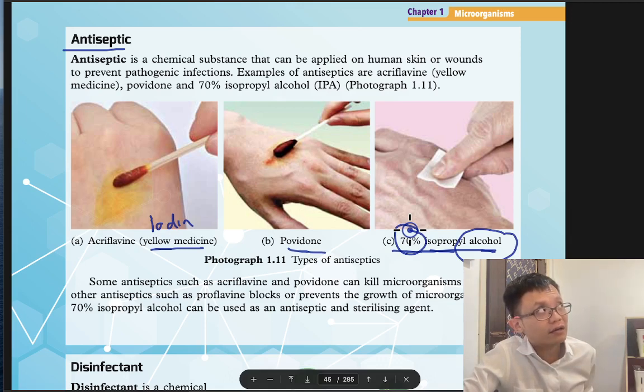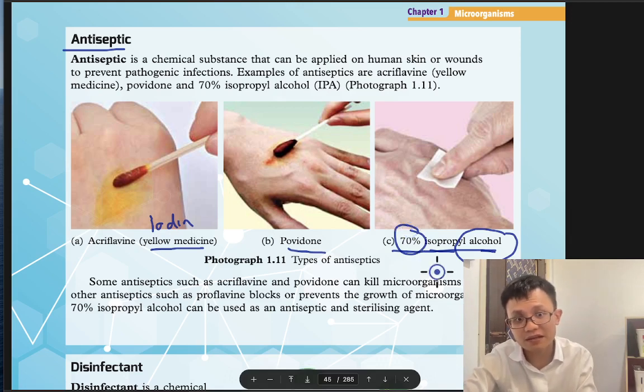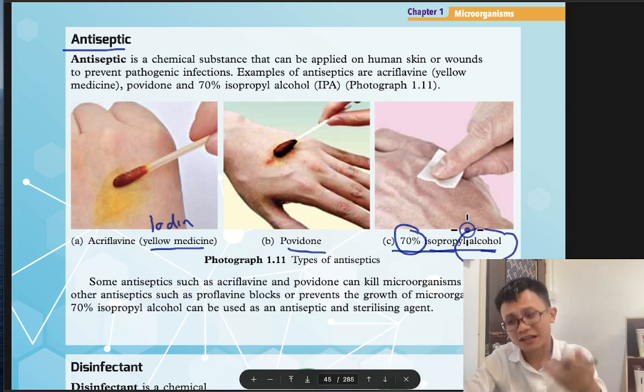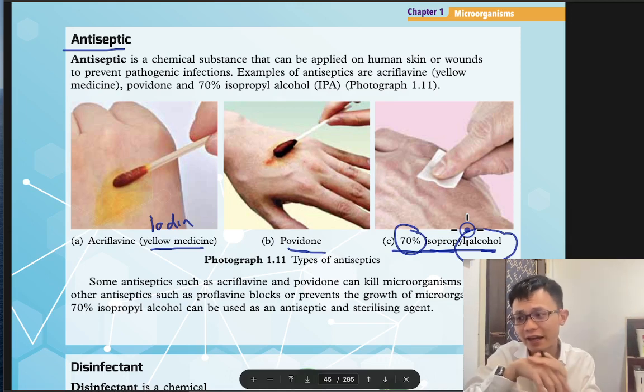The World Health Organization, WHO, already stated that to kill COVID-19 you need 70% isopropyl alcohol. But now you go outside, you buy, a lot of them say no alcohol. Of course I know no alcohol is good, your hand is so sensitive, not so painful, but I don't know how true this is.